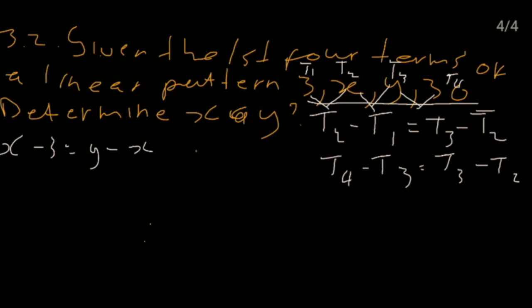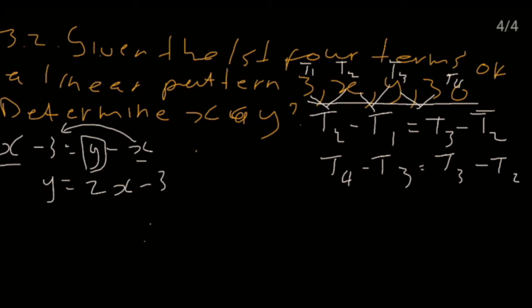So I'm going to try and isolate this y. Meaning I need to take the x to the other side, so y equals 2x minus 3, right?